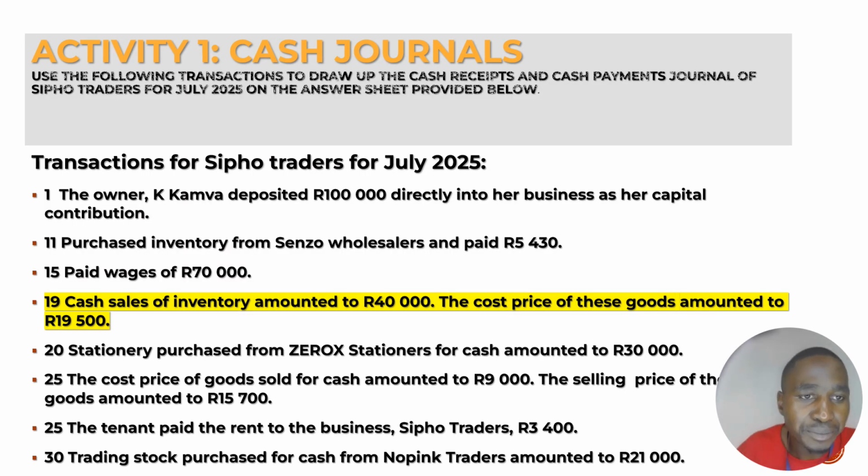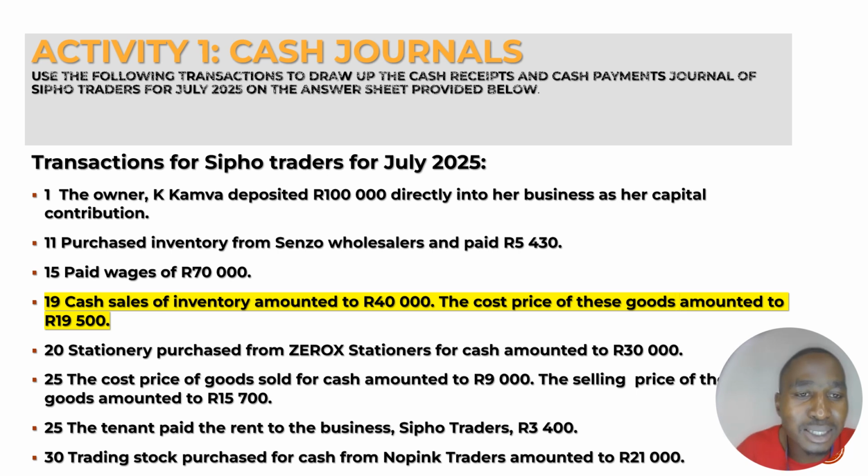Fourth transaction, it is saying that on the 19th of July, we made cash sales of inventory that amounted to 40,000 and the cost price of these goods amounted to 19,500.